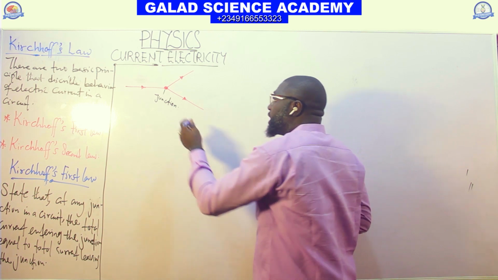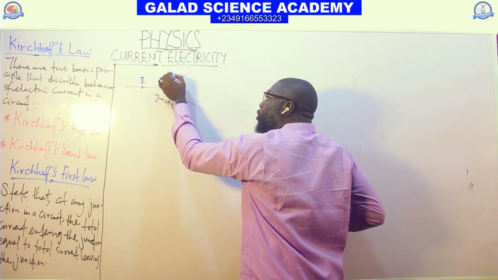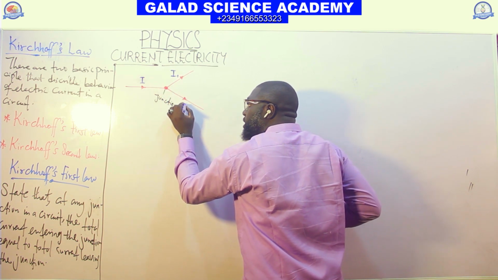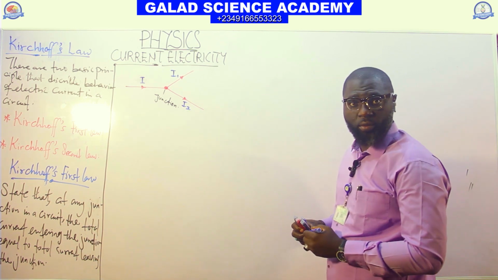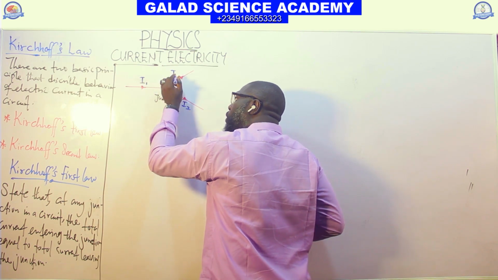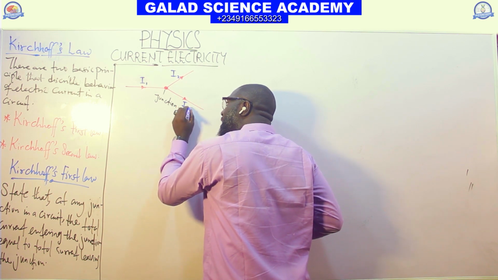The current splits. This is the current I1, and here we have I2, and this one is I3.